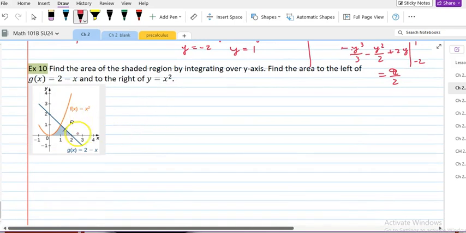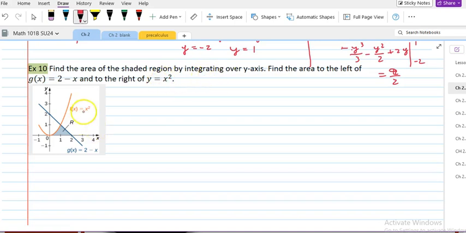So example 10: we want to find the area bounded by the same things that we did in example 8, x squared and 2 minus x. This is x equal to 1, right? But instead of writing it, we can see that this is actually the left and this is the right. And the intersection is when x is equal to 1.